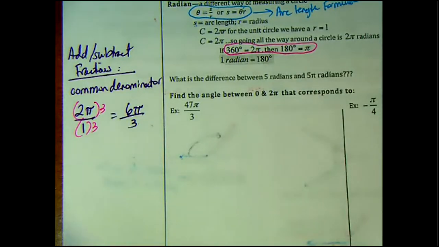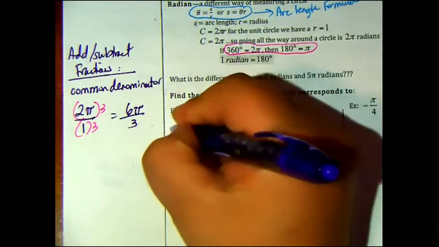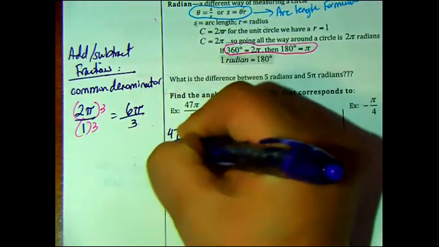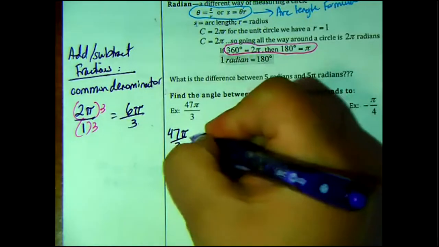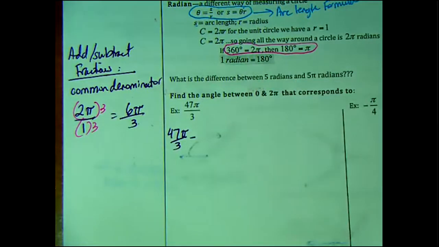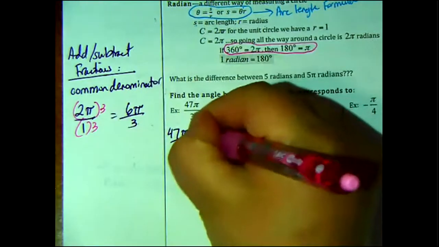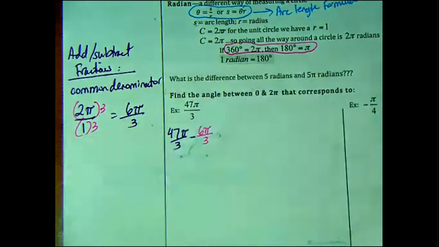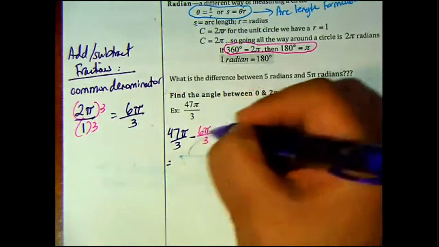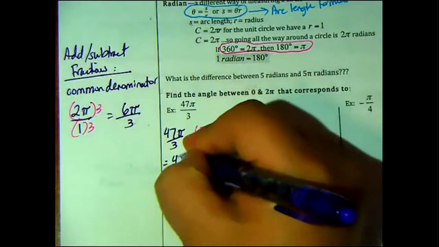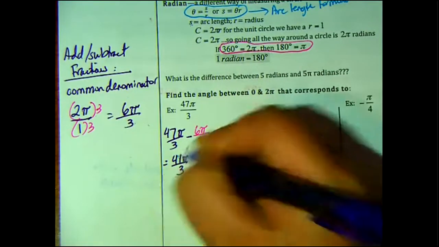So I'm going to take my 47 pi over 3, and I'm going to subtract 2 pi from it, but in the form of 6 pi over 3, so that I can actually subtract them, right? So this is going to equal 47 pi minus 6 pi is 41 pi over 3.